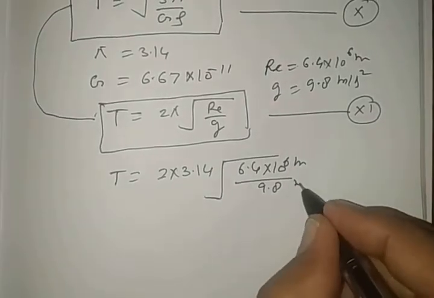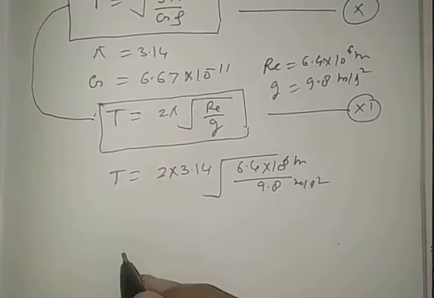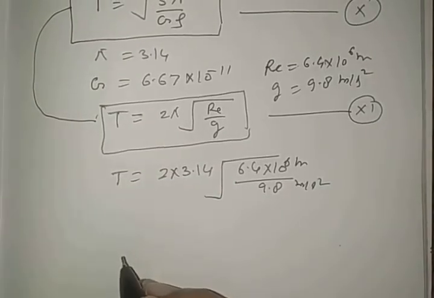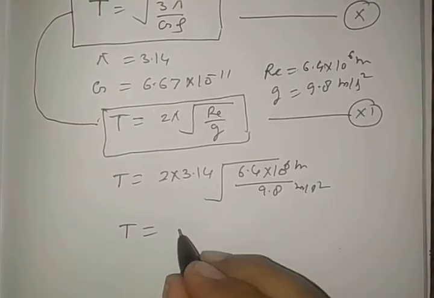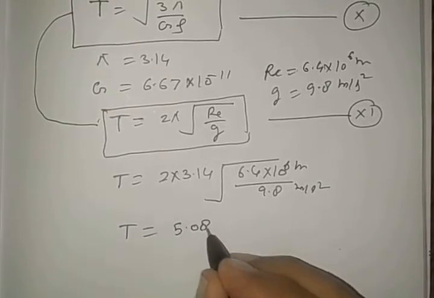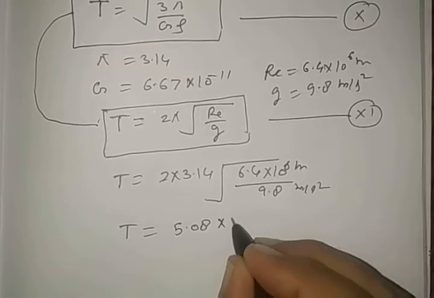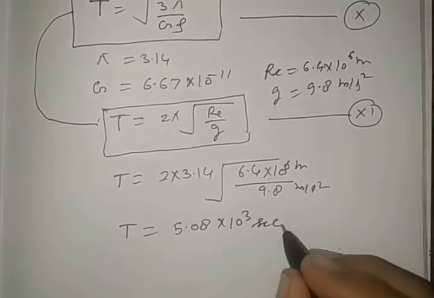And by solving, one may write the time period T is equal to 5.08 into 10 to the power 3 second.